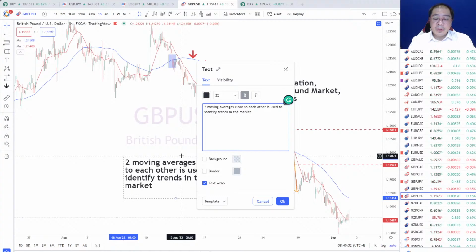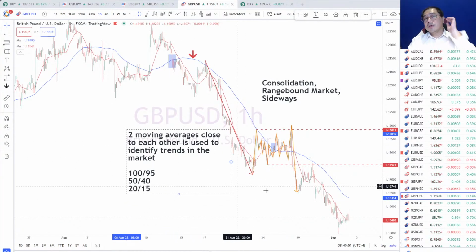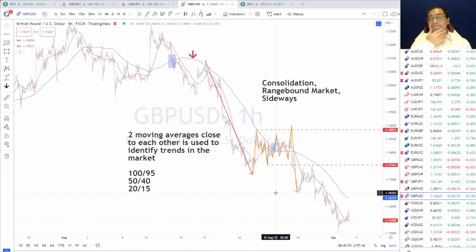For example, 100 and 95. Maybe you want to use 50 and 40. Maybe you want to use 20 and 15. Something very close to one another in terms of period. They're actually used to identify trends in the market. Okay, so that's one tool.